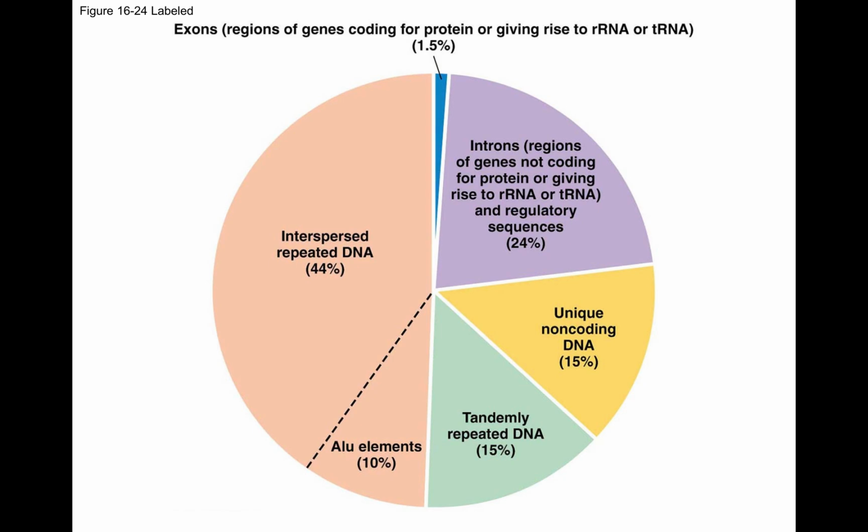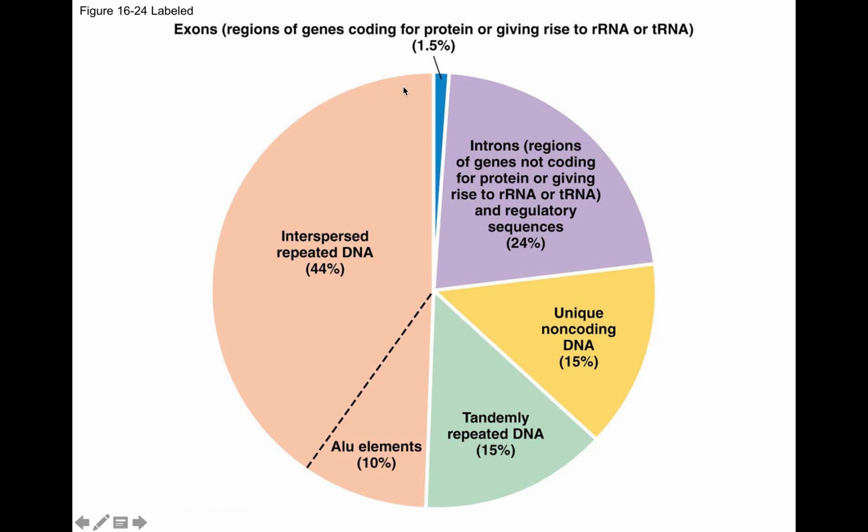Okay, and then fully half, a little over half of your DNA is just repeated DNA that is repeated in different spots throughout your genome in different chromosomes, including what are commonly called ALU elements because they respond to a restriction enzyme called ALU.